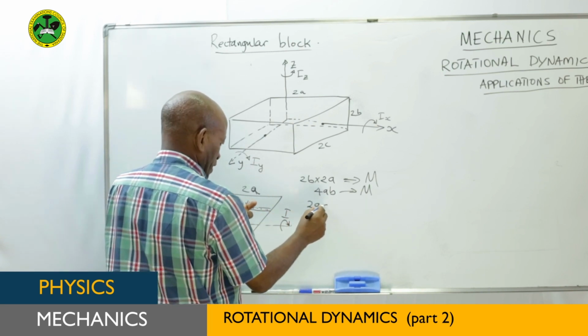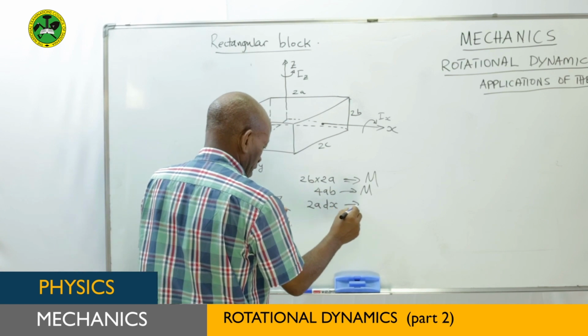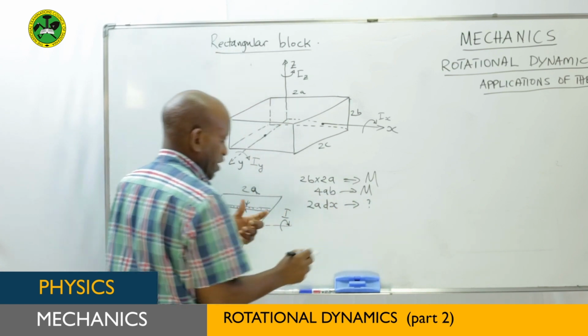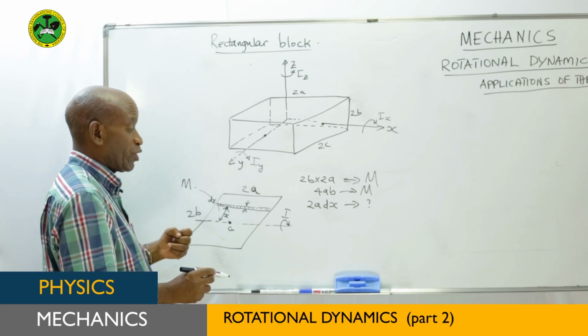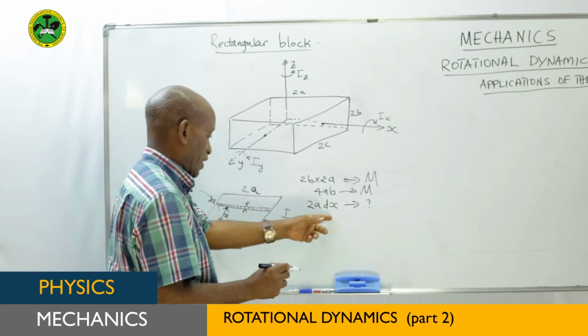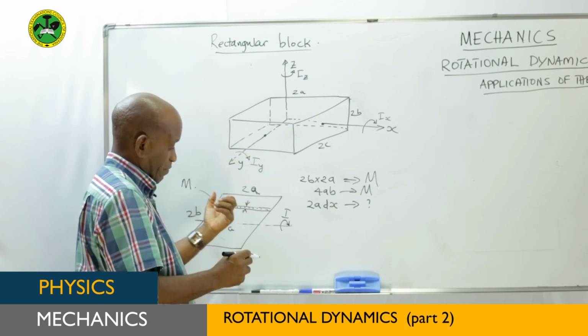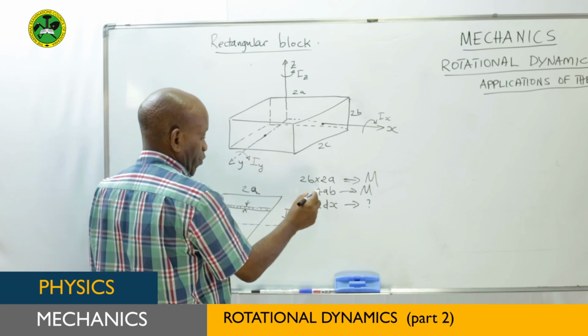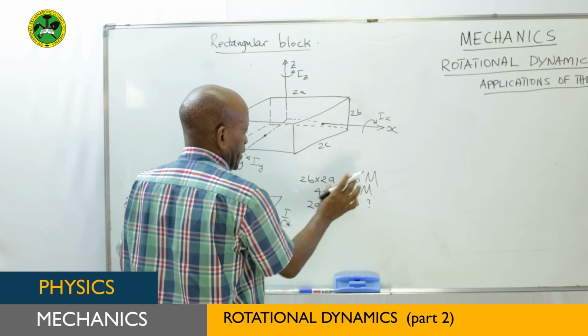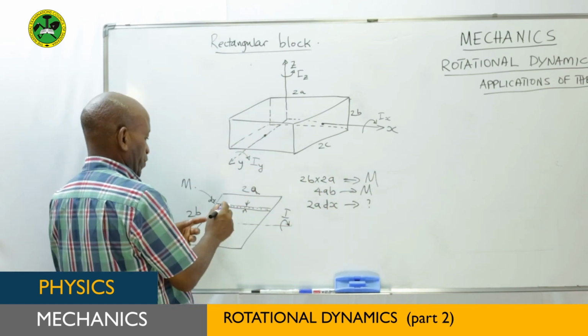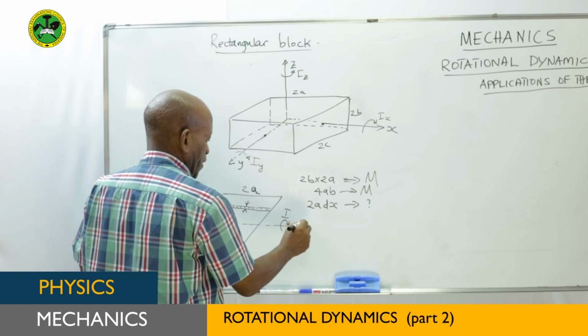So for the area 2a times dx, you need to find what mass it corresponds to. That area, 2a dx over 4ab times m, will be the mass of this small element.